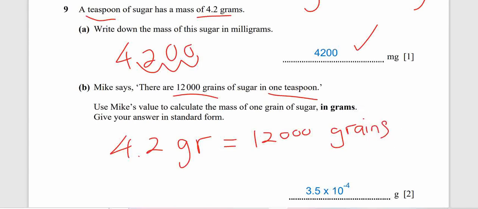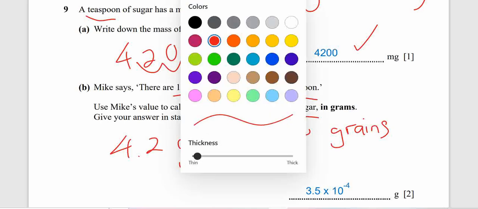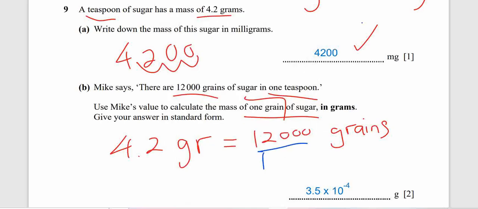So now we want to find 1 grain. So we divide both sides of the equation by 12,000 to get 1 grain.